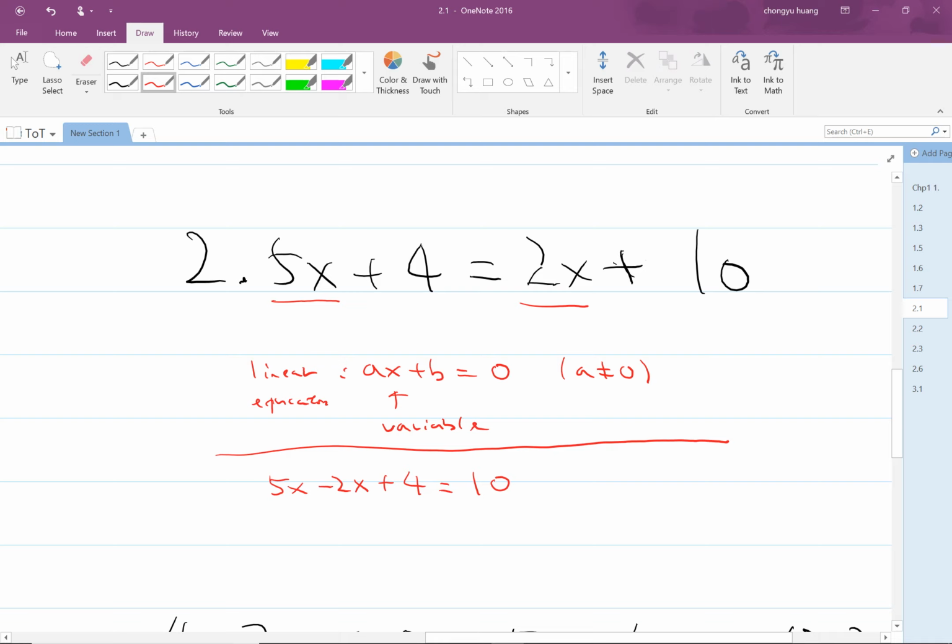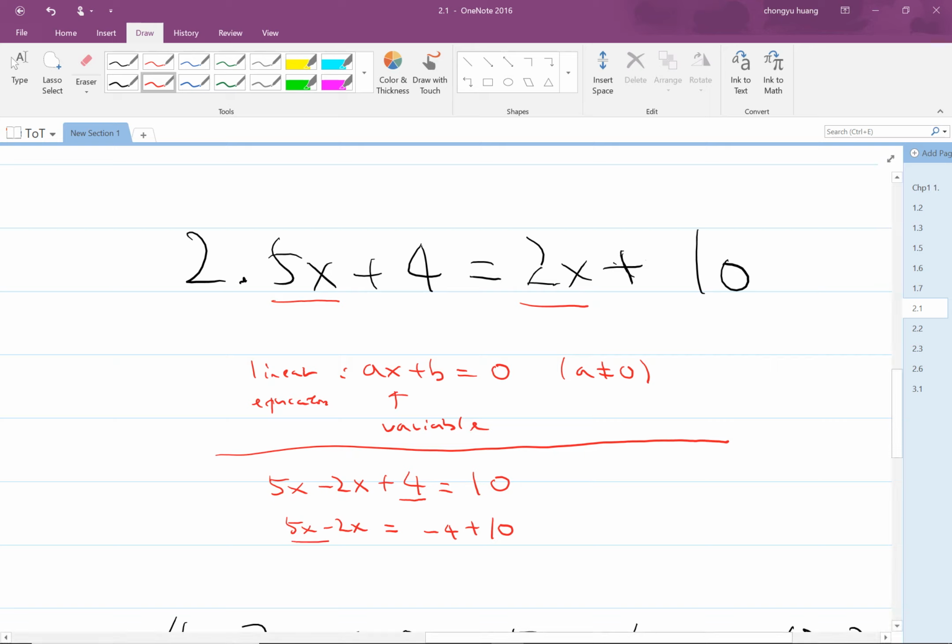We want to solve this, so we move this 4 to the other side. We keep 5x minus 2x equal to negative 4 plus 10. That's how we solve it.